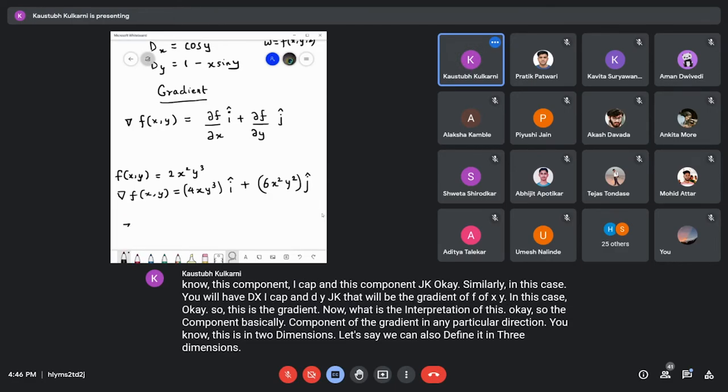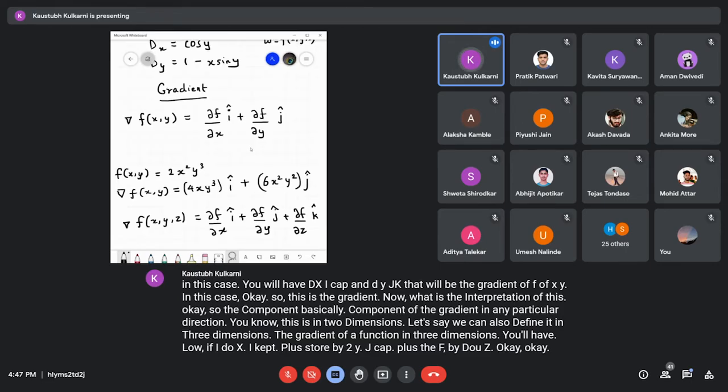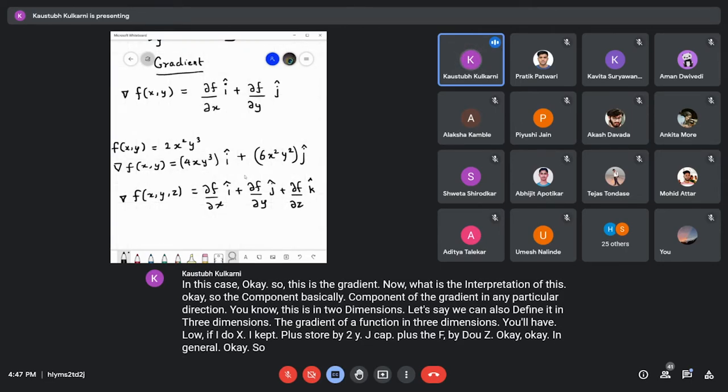So gradient of a function in 3 dimensions, you'll have dou f by dou x i cap plus dou f by dou y j cap plus dou f by dou z k cap, in general. You can have unit vectors in any number of directions. 3 is sufficient for now.